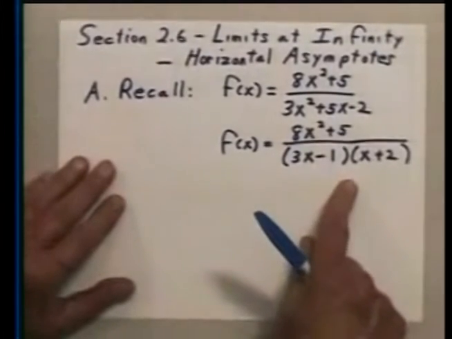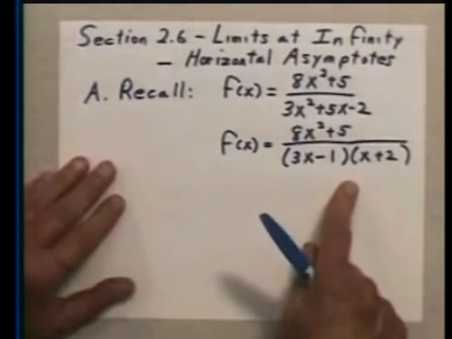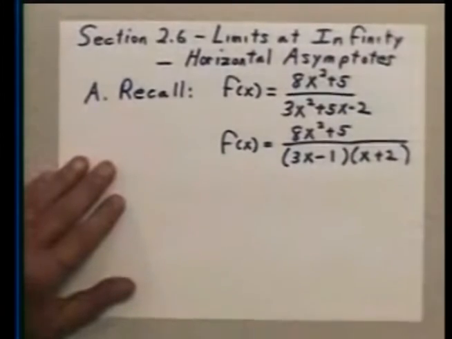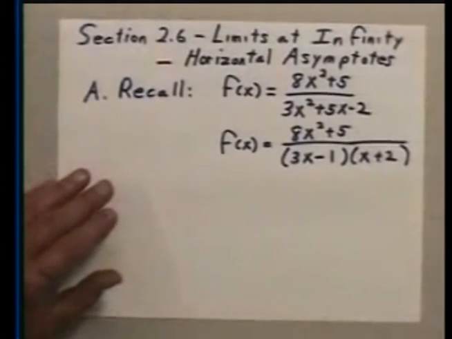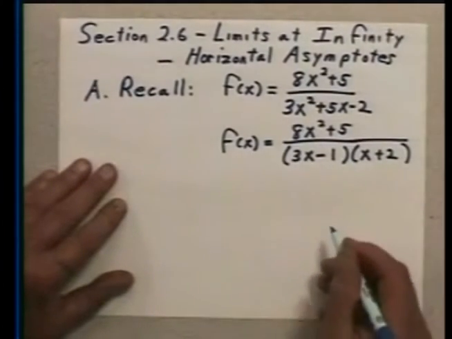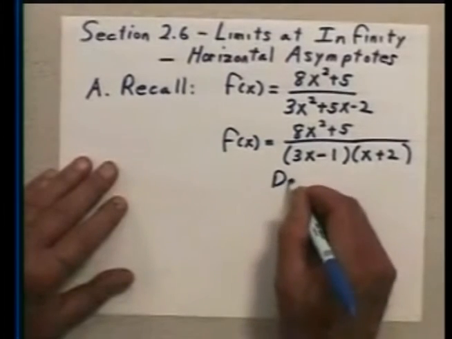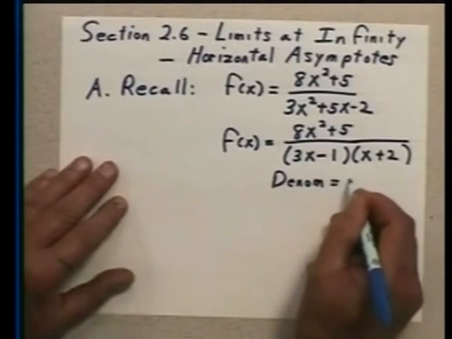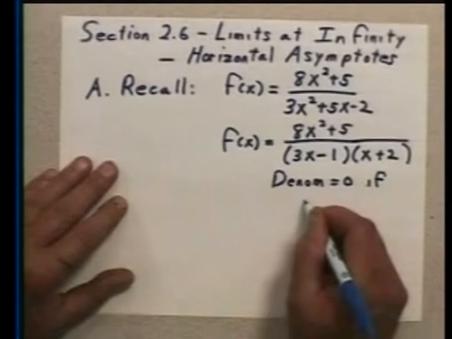Then it probably hits you and you actually recall what causes vertical asymptotes. Denominator equal to 0. Remember? What makes the denominator 0? When the factors equal 0.